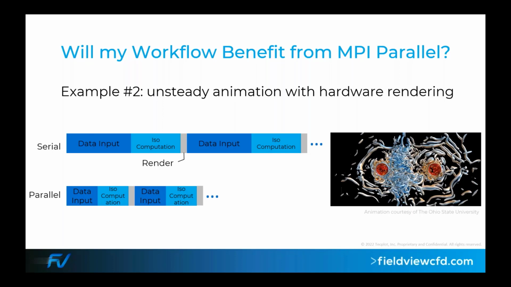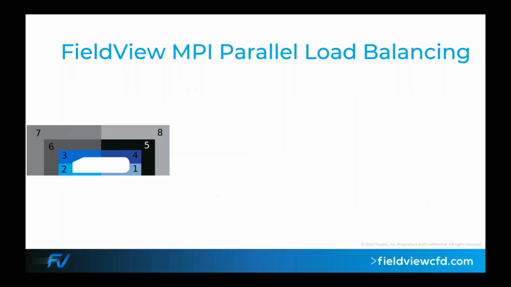All right, so that being said, let's go deeper into how FieldView does MPI parallelization. For our load balancing, for the partitions, we rely on the blocks you have in your mesh and solution files.